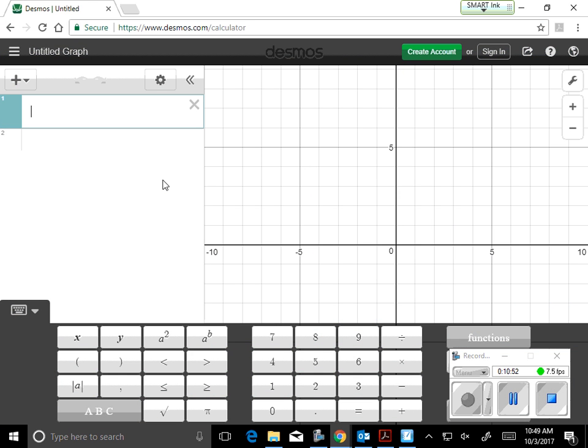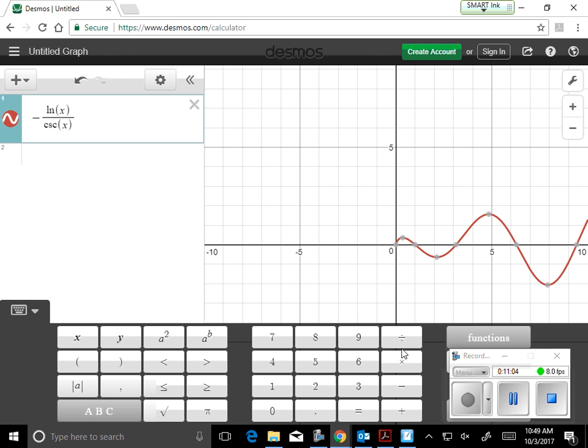Here we go. I'm going to type in our function, negative natural log of x divided by cosecant of x. As x approaches 0 from the right, what is that limit? 0. You can always go on Desmos. I would suggest this. Go on Desmos, type in the function, and see what happens as x approaches c, whatever that value is.